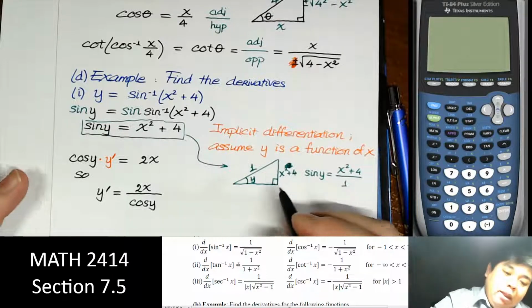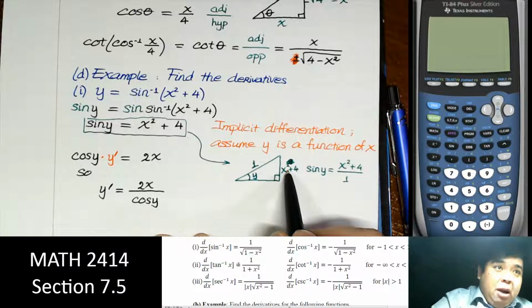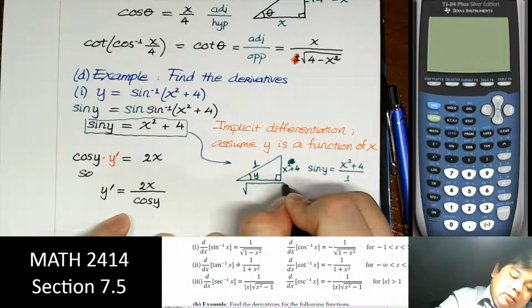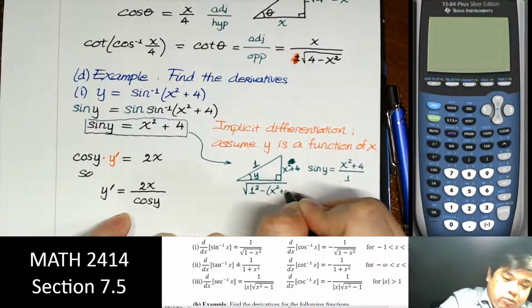So the angle is y. Opposite is x squared plus 4. Hypotenuse is 1. And the adjacent will be the square root of 1 minus x squared plus 4 squared.